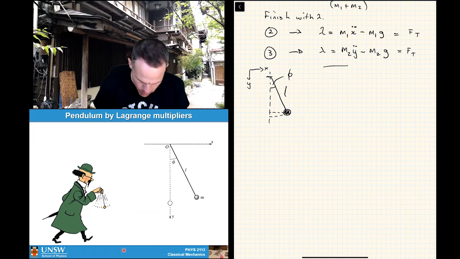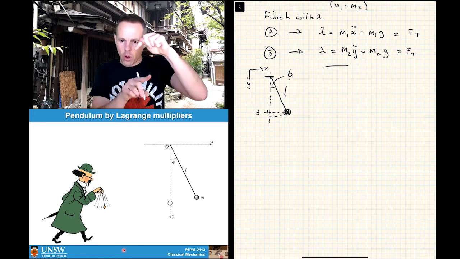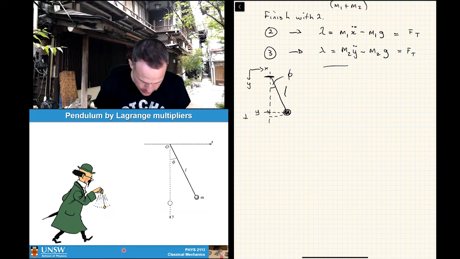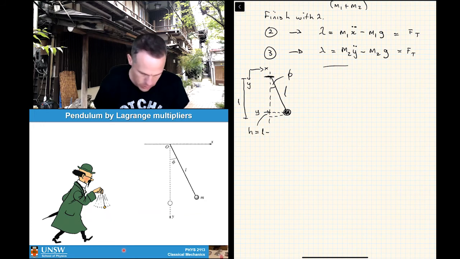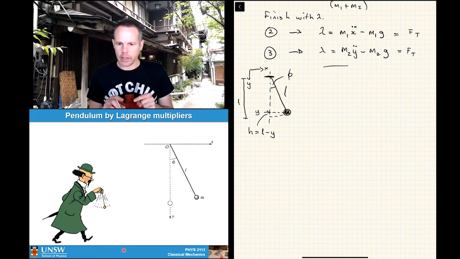So my y starts here at the pivot point, and this point here I'm going to call y, and I'm going to be able to track the y of the bob at any particular point in time as a function of x if I wanted to. And then I know that this distance down here is L, so this little height in here is actually L minus y.